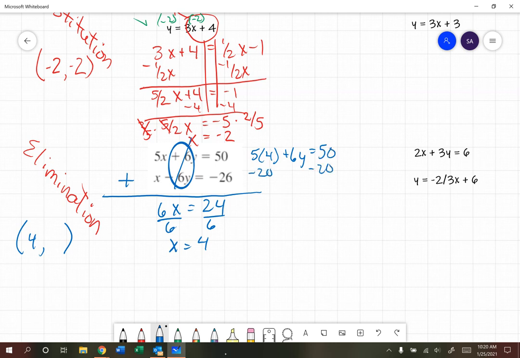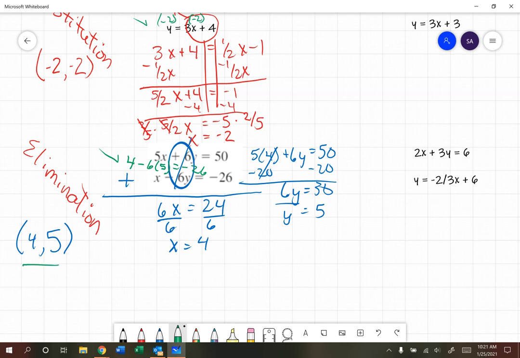And I subtract that 20. I get 6y equals 30, so y is equal to 5. And of course, it's always a good idea to double check. So I have 4 minus 6 times 5 equals -26. And yes, that checks out. So I have a solution.